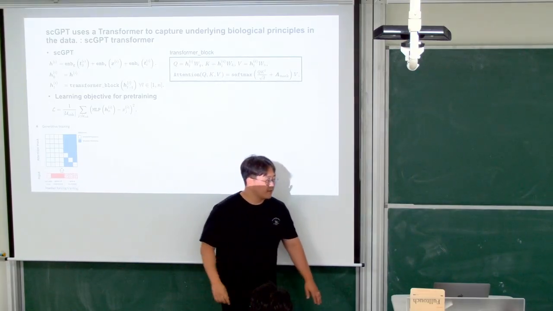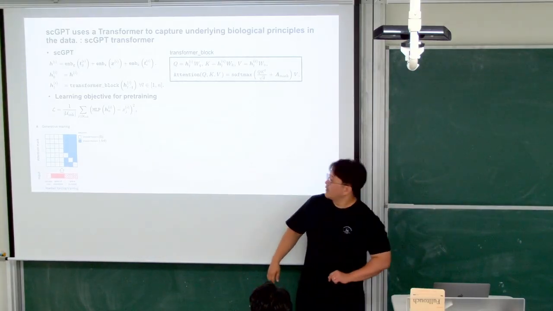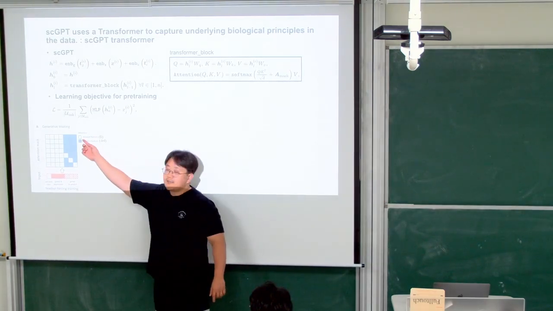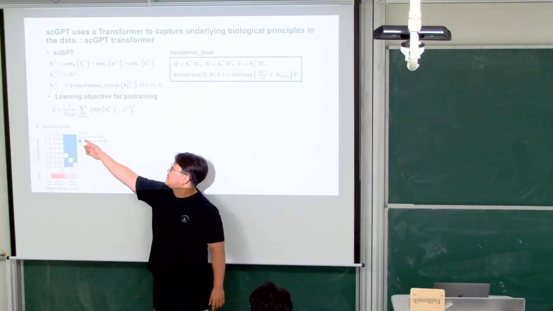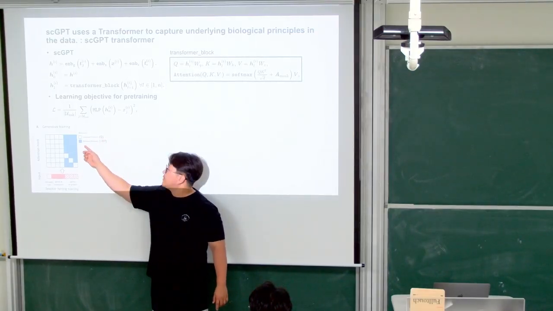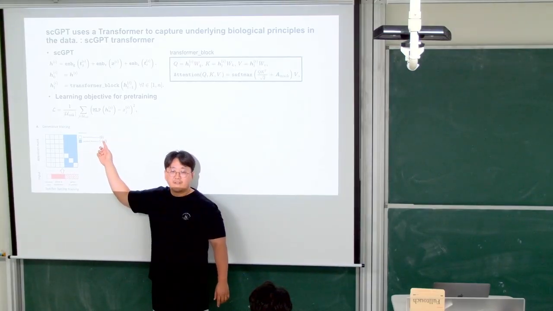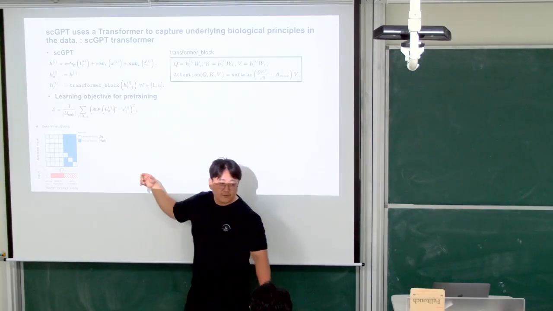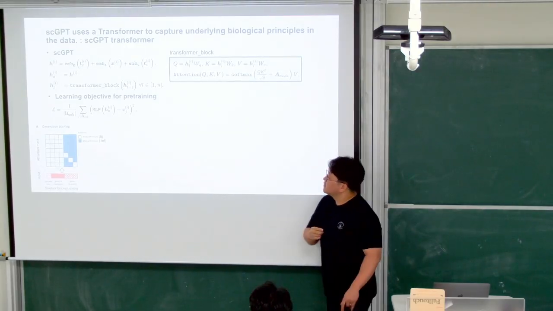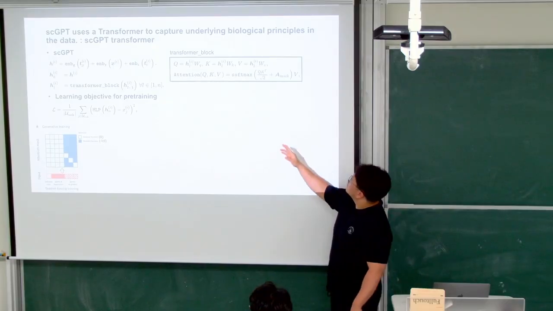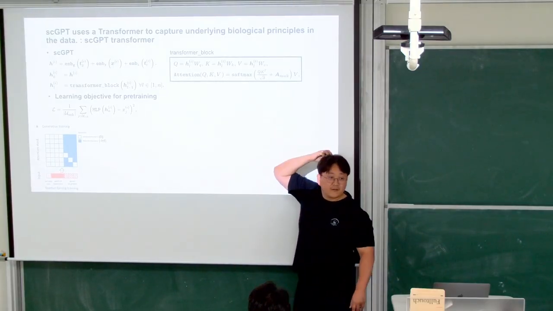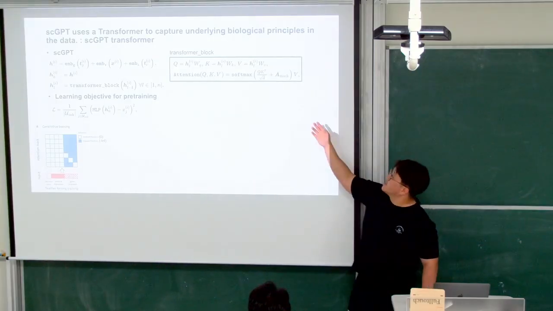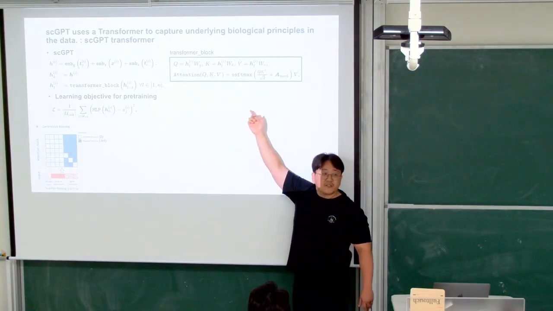Actually, these white boxes are 0, and these blue boxes are the negative infinite value. What is the meaning of this? If you put 0 in here, this is nothing but the attention score, right?